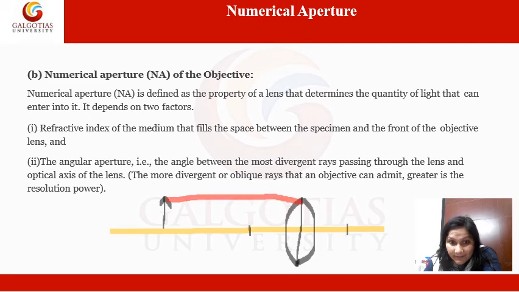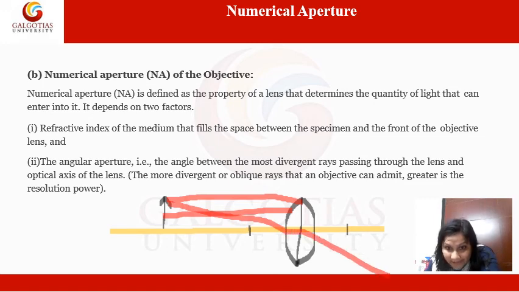This is the first ray, second ray, and one ray will pass through this point, and all these rays which are above and below the optical axis will pass through the focal length of the objective. So the ray which is farther from the optical axis will be the more divergent ray.